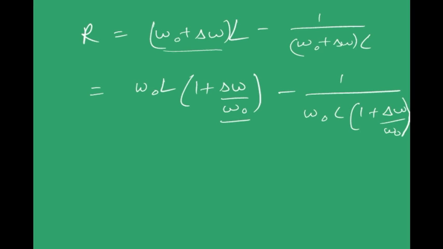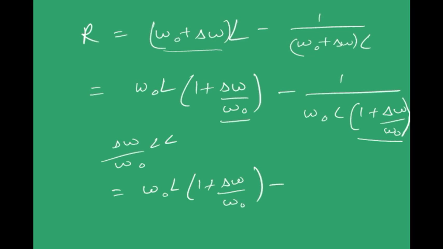Observe one thing here. When delta omega by omega naught is very small, you can approximate this term. I can write the same equation as this one, 1 plus delta omega by omega naught. First term doesn't change. And here I can write 1 by 1 plus delta omega by omega naught as 1 minus delta omega by omega naught.